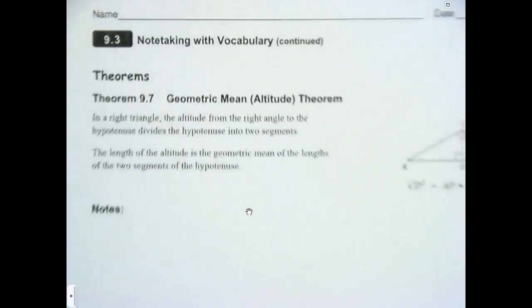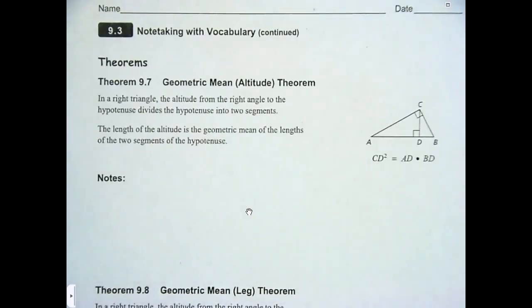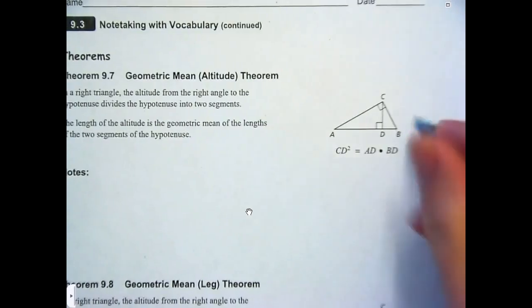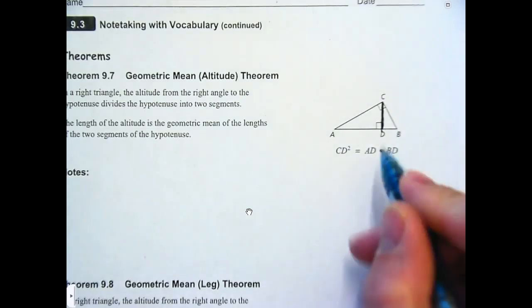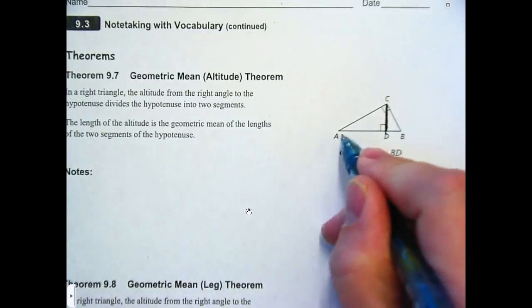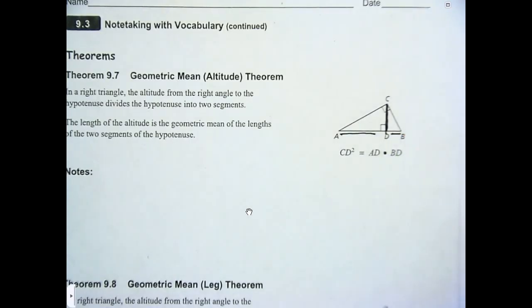there's the geometric mean altitude theorem. And one of the relationships when you're dealing with these three right triangles, this only works when you have similar right triangles like this, is that this length right here, CD squared, is equal to AD times BD. What does that have to do with geometric mean?